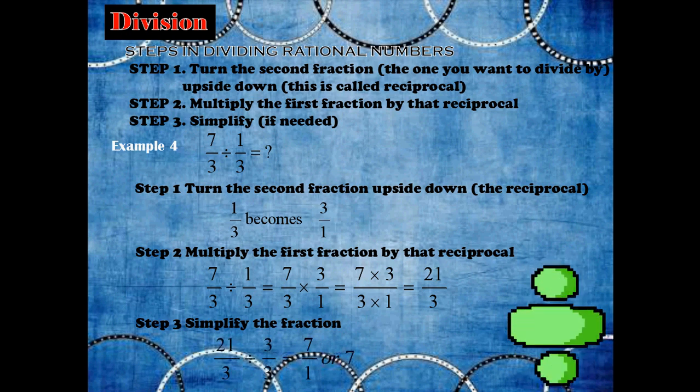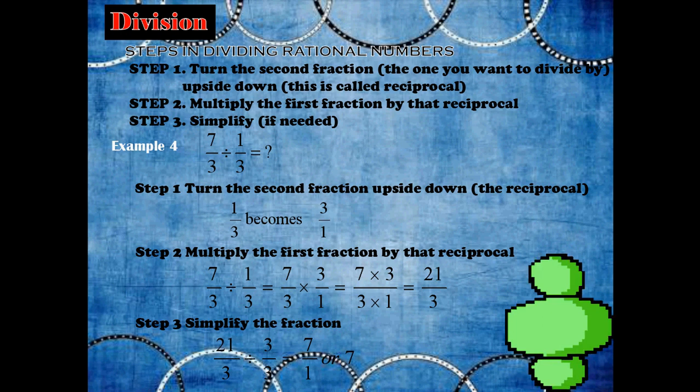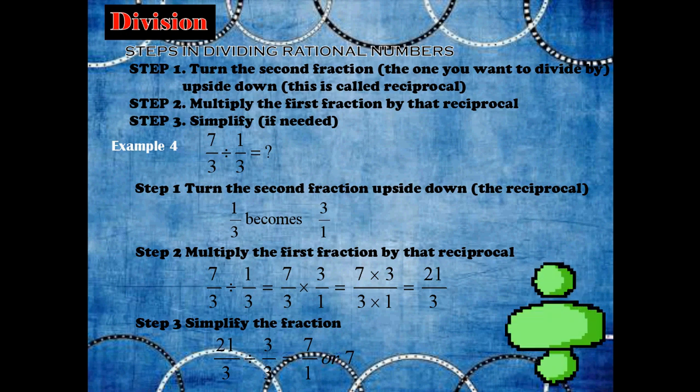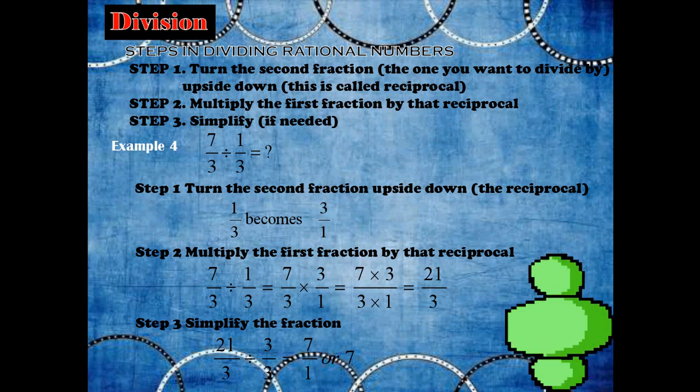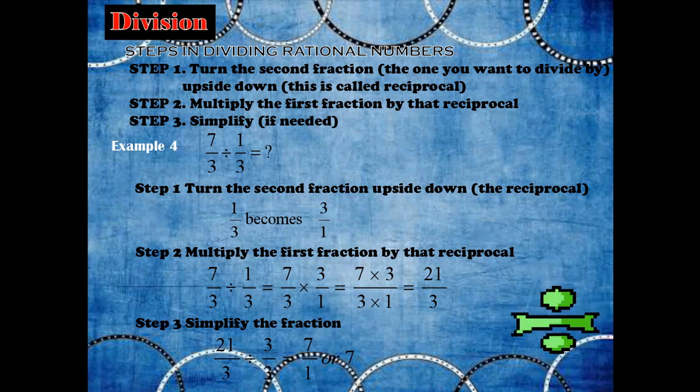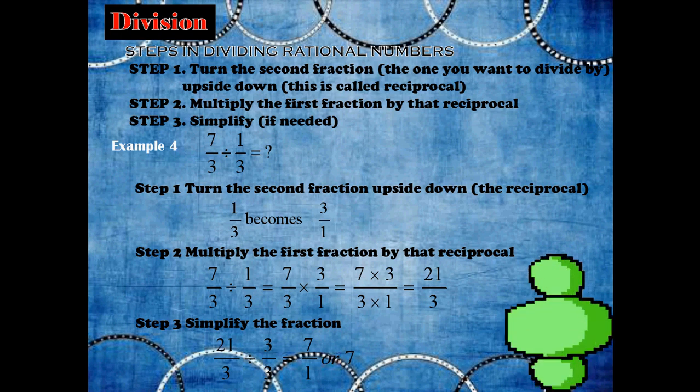So the final answer is 7, since we simplify it by dividing the numerator and denominator by 3. 21 divided by 3 is 7, and 3 divided by 3 is 1. So the answer is 7. And those are the different types of operations, or how to perform operations on rational numbers.